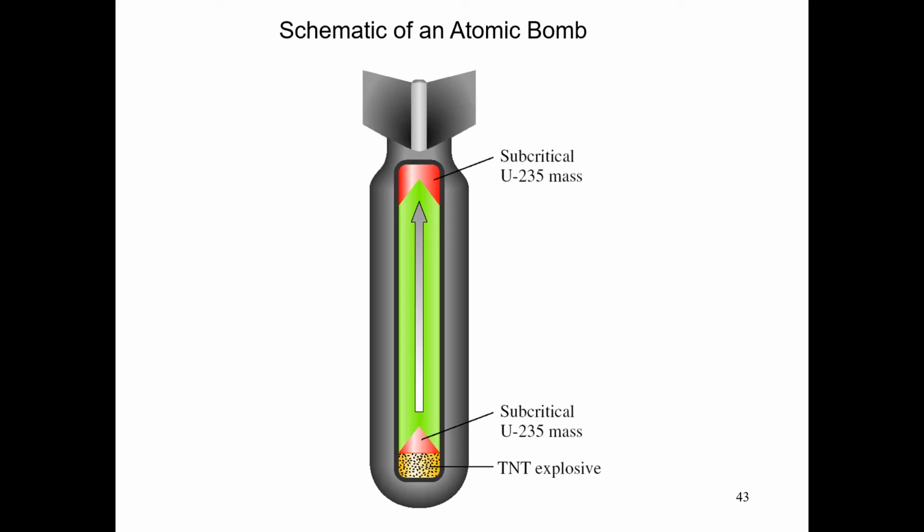That explosion creates a pressure that pushes the subcritical amount of uranium-235 on that end to compress against the other one, and then you have other ingredients in there to generate neutrons, typically a mixture of beryllium and plutonium, and that is what starts the chain reaction.